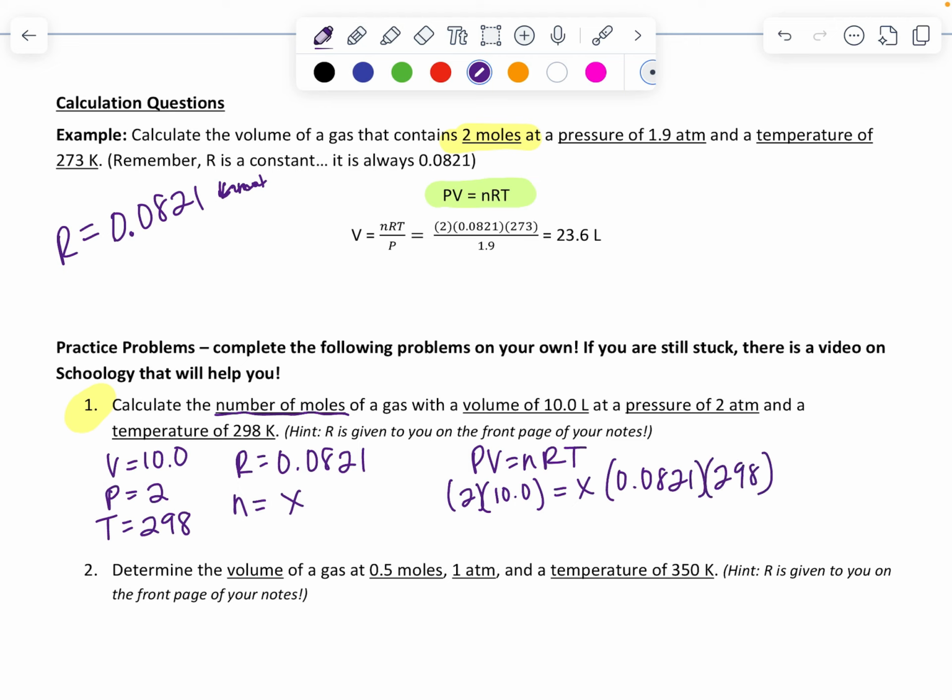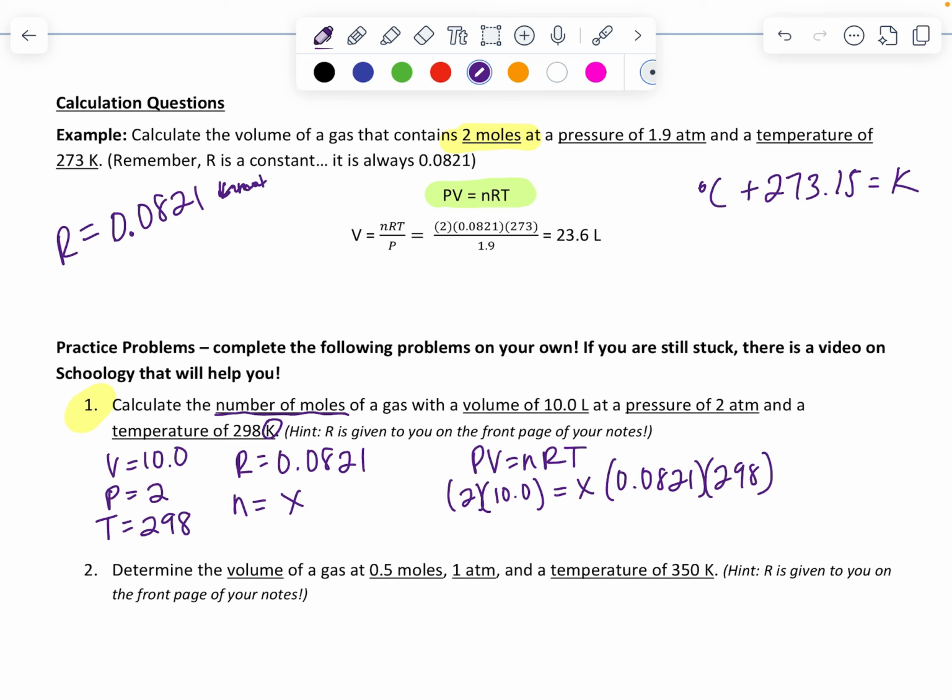Again, temperature always has to be in Kelvin anytime we're talking about gases. The way that we get Kelvin is we take the Celsius and add 273.15. That will give us our Kelvin temperature. This temperature is already in Kelvin, so we do not have to do anything.